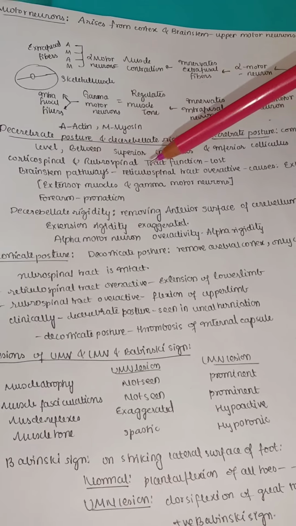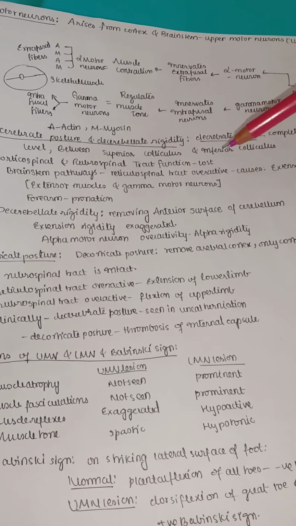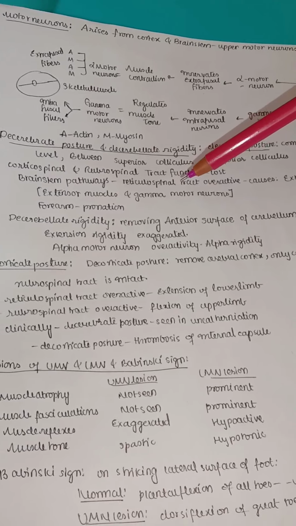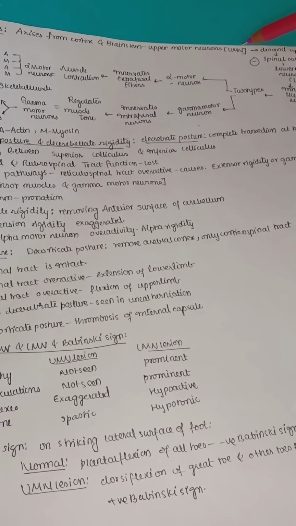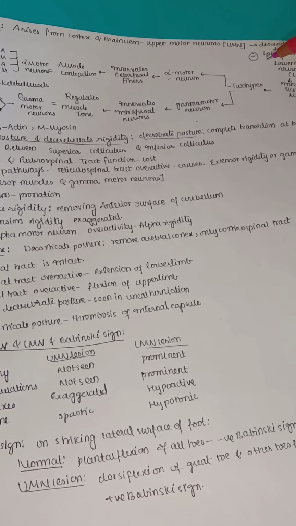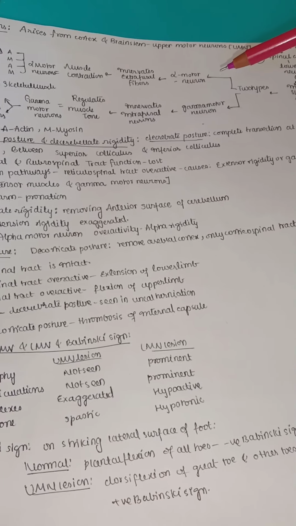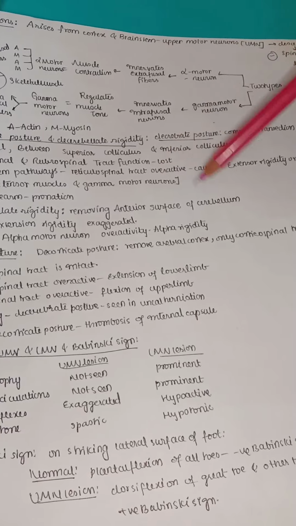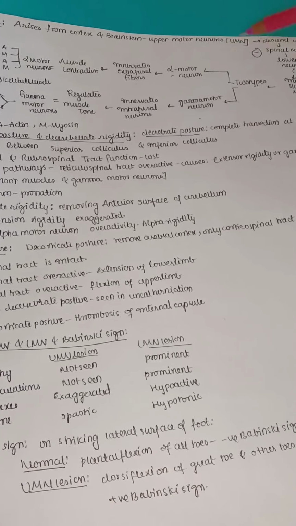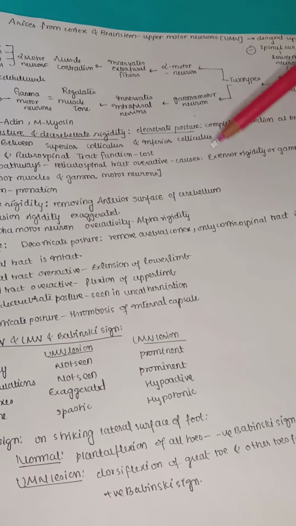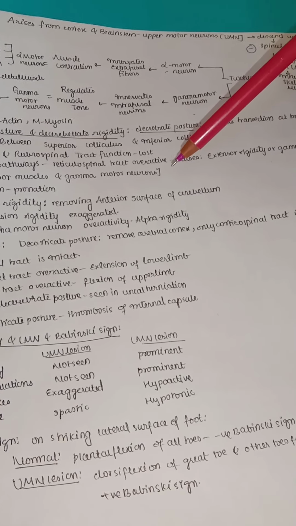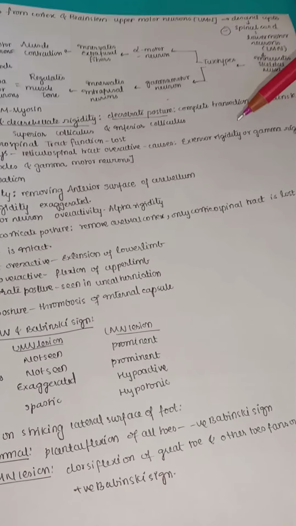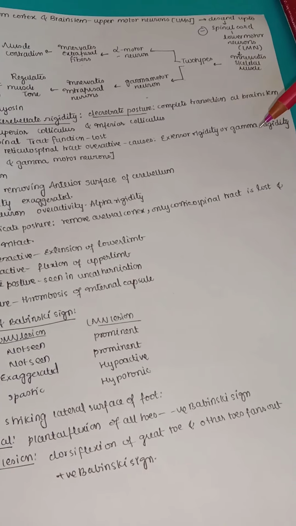The brainstem pathways like the reticulospinal tract become overactive. So why does the reticulospinal tract become overactive? As I said, the upper motor neurons always inhibit the lower motor neurons. So now, as we cut the brainstem, the upper motor neurons can no longer inhibit them. So the reticulospinal tract will become overactive as the upper motor neuron is not inhibiting it. Because of this overactivity of the reticulospinal tract, it will lead to extensor rigidity or gamma rigidity.